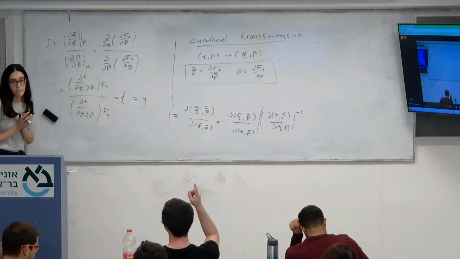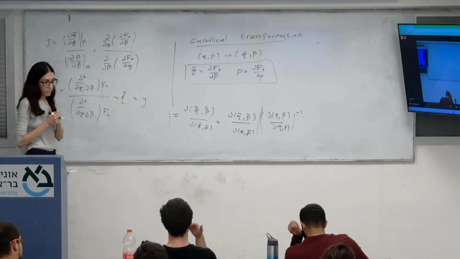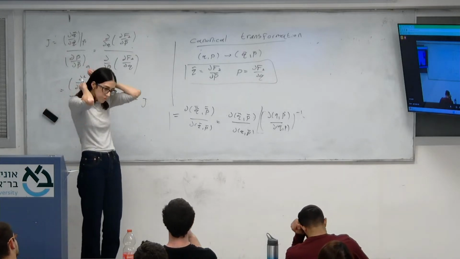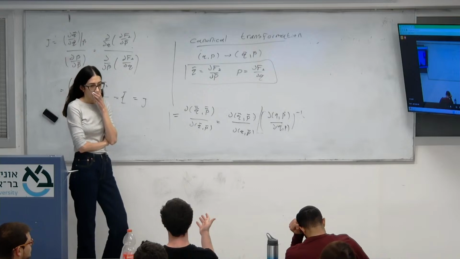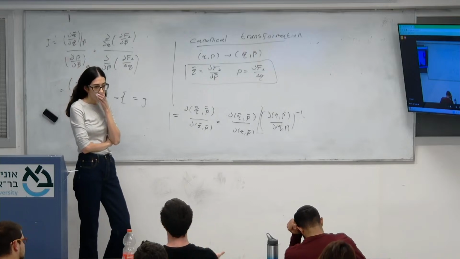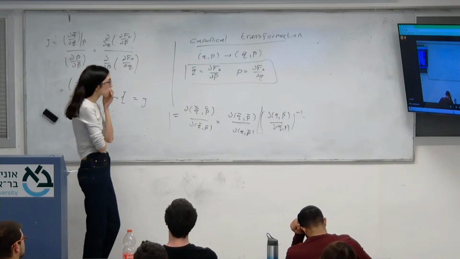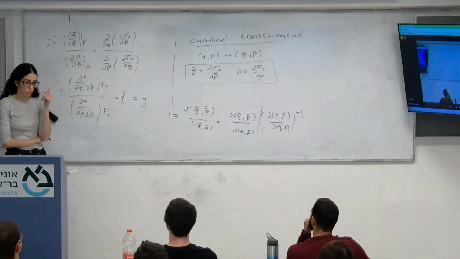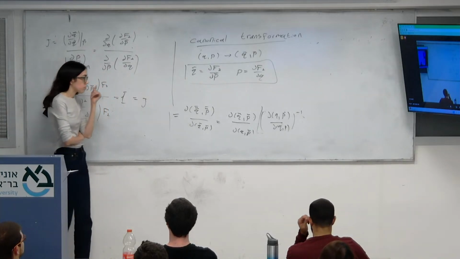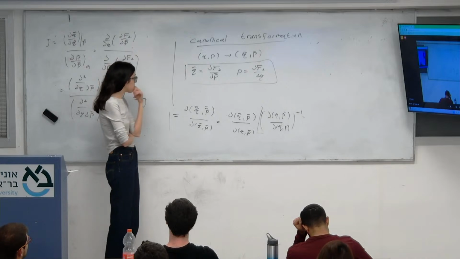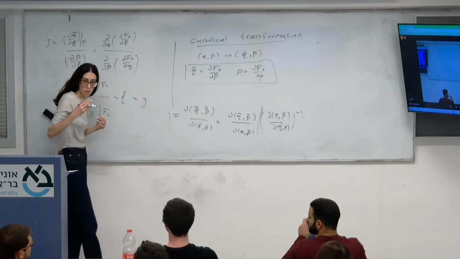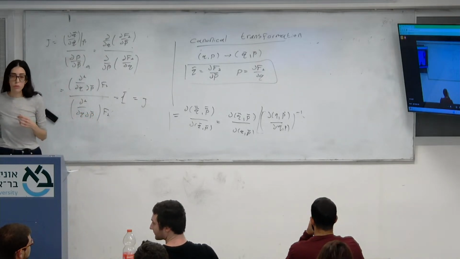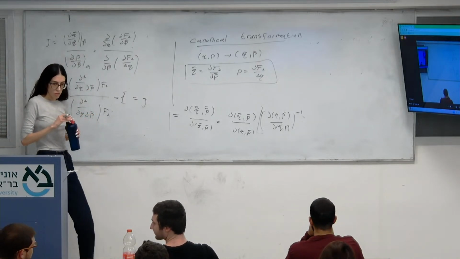Questions? Yeah. Earlier you gave an example, the transformation from Cartesian to polar coordinates. But that can't be canonical since we know that the Jacobian is not 1 in this case. From Cartesian to polar. The Jacobian is not the identity matrix.